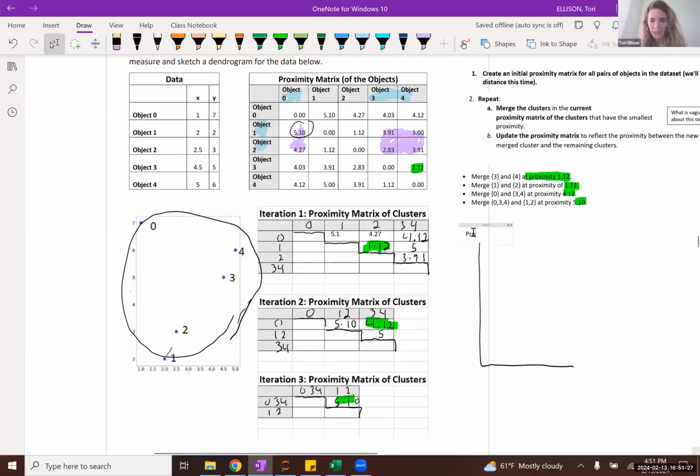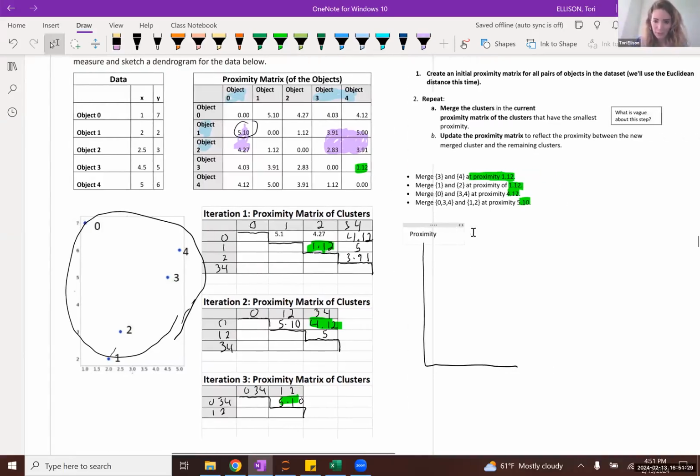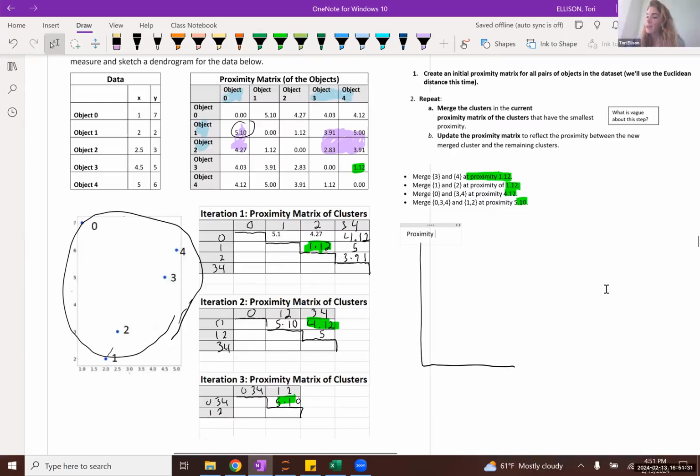Again, on the y-axis, we have the proximity of the merge. On the x-axis, we put our observations.